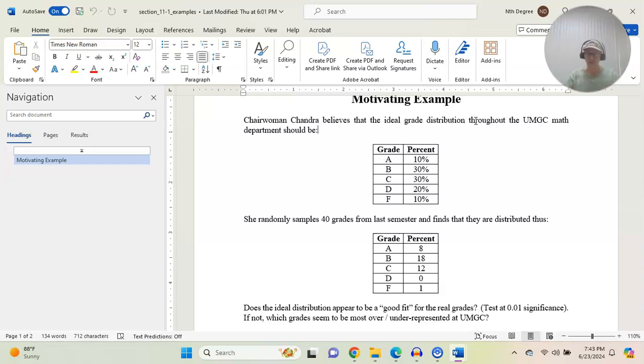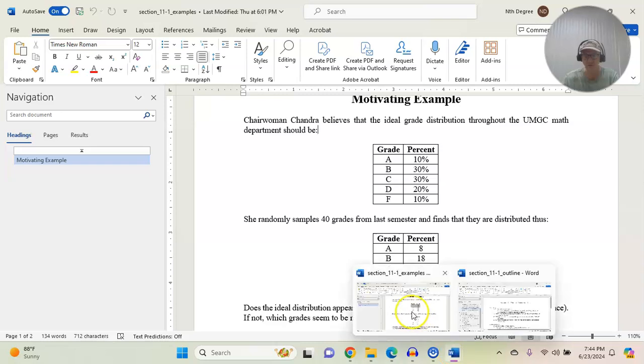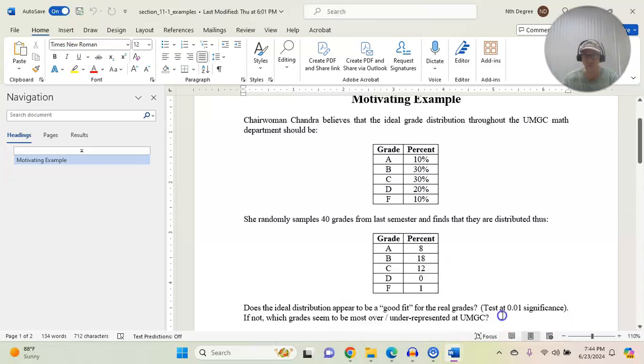Or did we end up getting a sample that would really be exceptionally, significantly rare if the population really looked like this? That's why we always need a significance level to define what significantly rare means. In this case, 0.01.